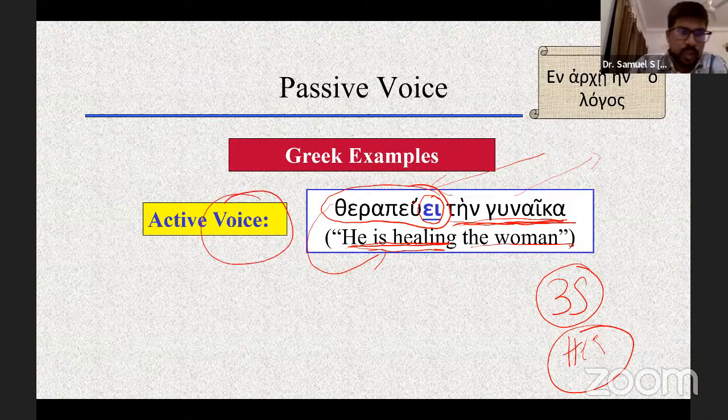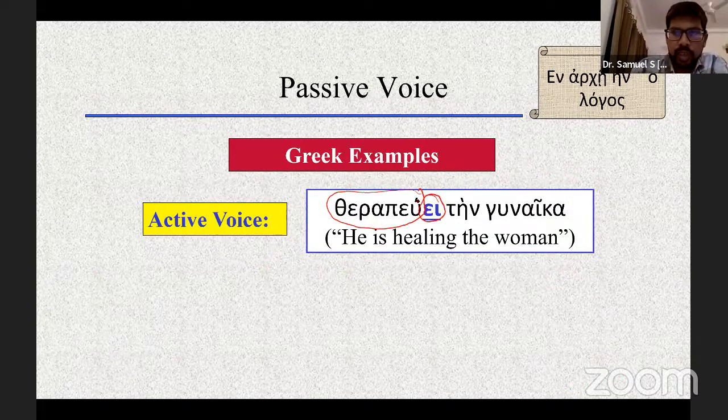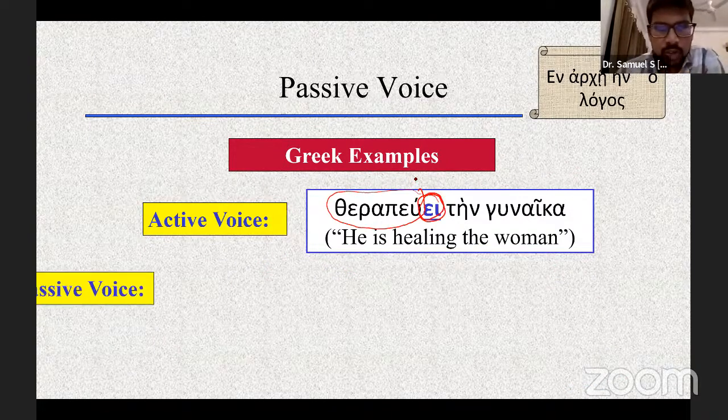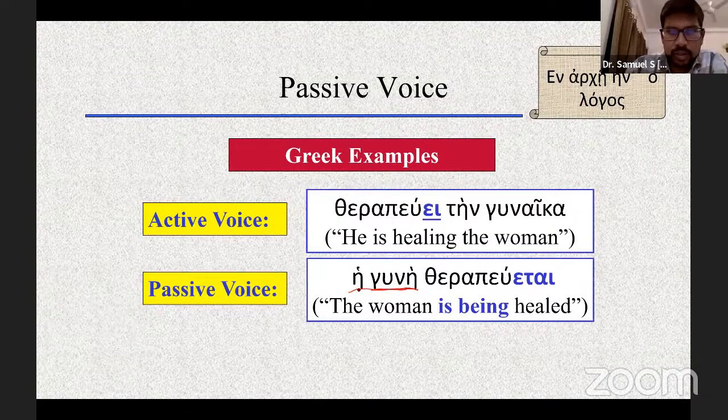So see how the stem is still therapeu, and now this ending is going to change, and that ending will show us that it is in the passive voice. Let's see how it would look in the passive voice. Hē gunē, nominative feminine singular.